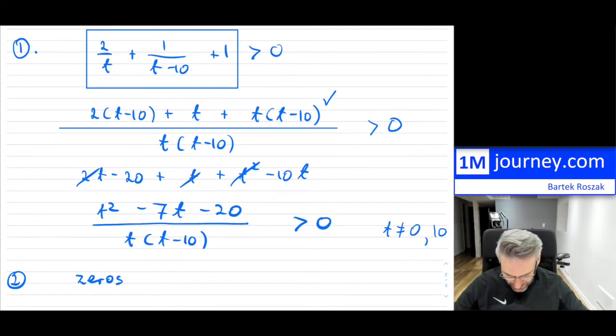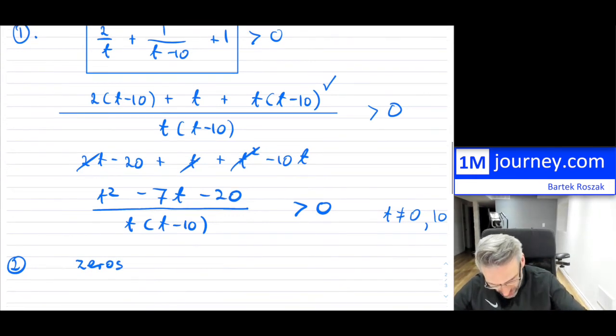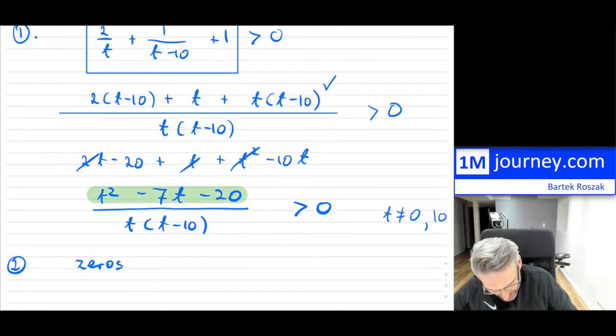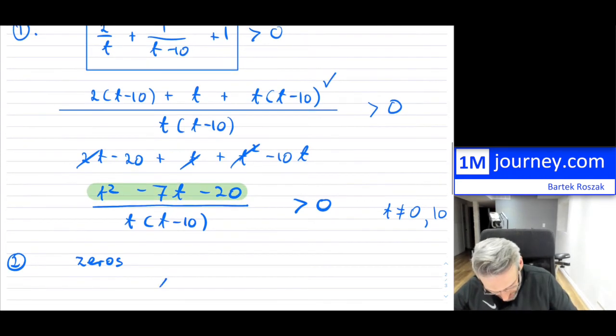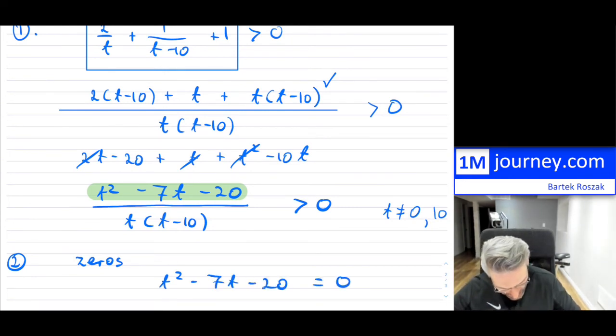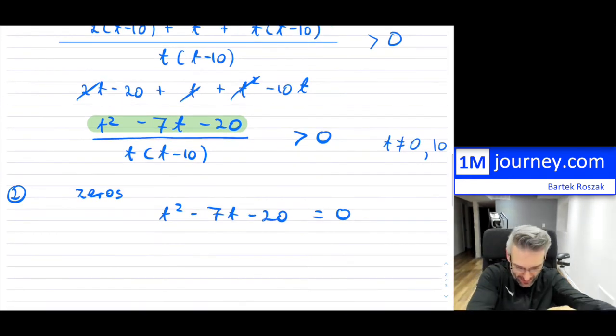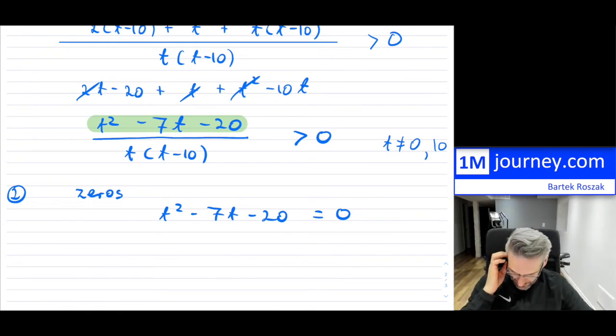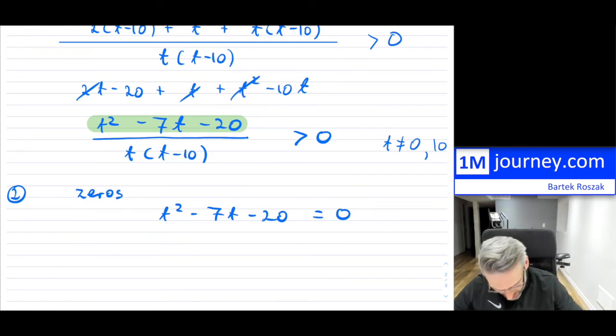So if we want to solve for the zeros, we can take the entire numerator like this. So this is going to be t squared minus 7t minus 20 is equal to 0. So now it's a quadratic. I don't think this is a very nice quadratic, so let's just use the quadratic formula.